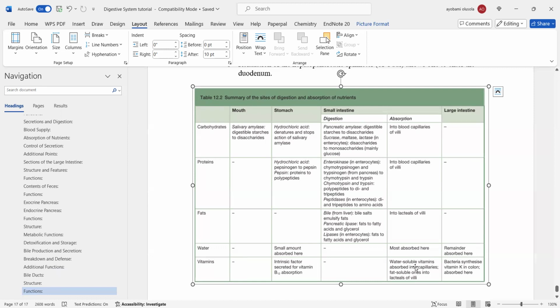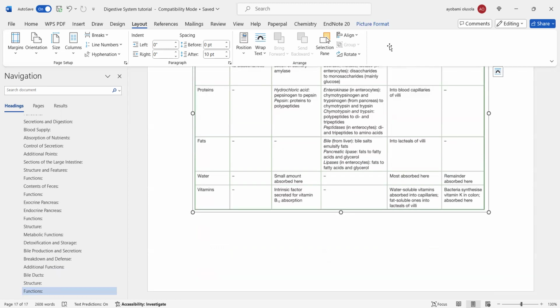Water-soluble vitamins are absorbed into capillaries, while fat-soluble vitamins are absorbed into lacteals. Then bacteria synthesize vitamin K in the colon, and it is also absorbed here. With this, we have come to the end of the digestive system anatomy.